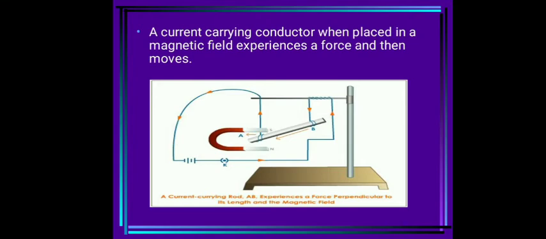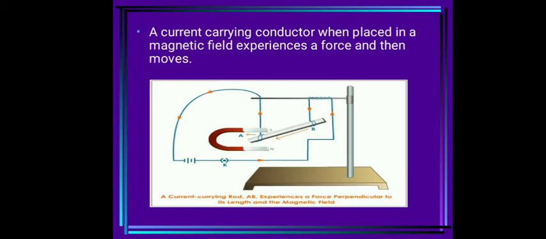Now, on what factors does the magnitude of the force experienced by the conductor depend? It was experimentally found that the force acting on a current carrying conductor placed in a magnetic field, in a direction perpendicular to the magnetic field, is directly proportional to the current flowing through the conductor. That means when the current increases, the force experienced by it also increases. It is also directly proportional to the length of the conductor inside the magnetic field.